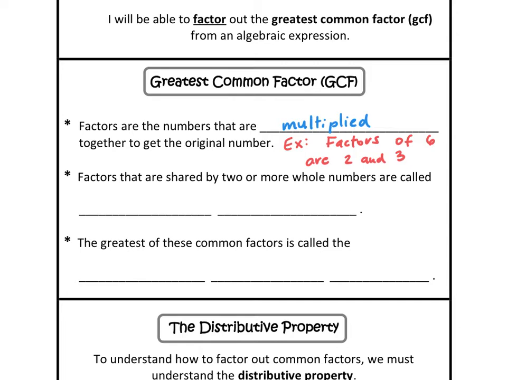But there's a special factor: if it is shared by 2 or more whole numbers, then those are called common factors.